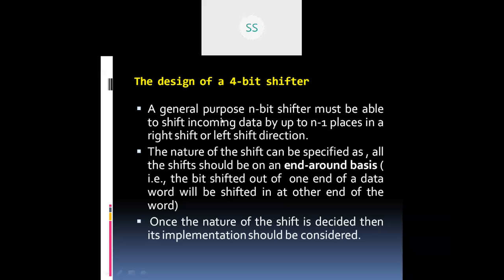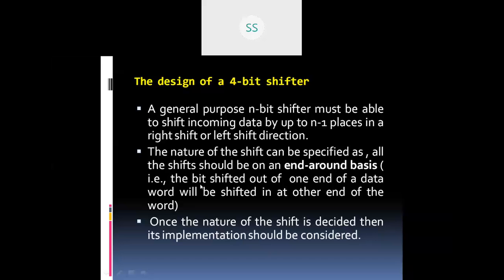Whenever n-bit data is given, either that particular data word has to be shifted to the right side or the left side. So this should be decided first, whether it's a right shifter or a left shifter. Some specifications can also be given for the nature of the shift, that is, whether it should be on an end around basis. What is this end around basis?